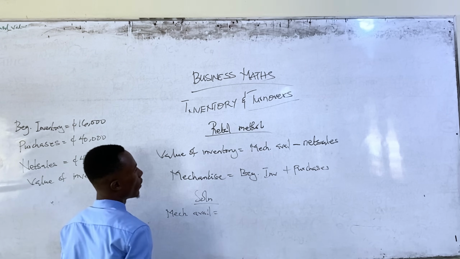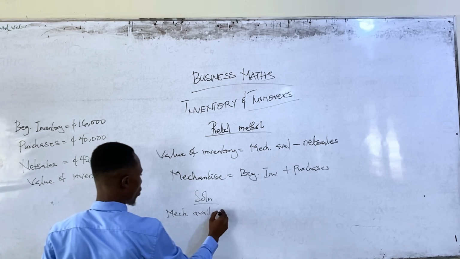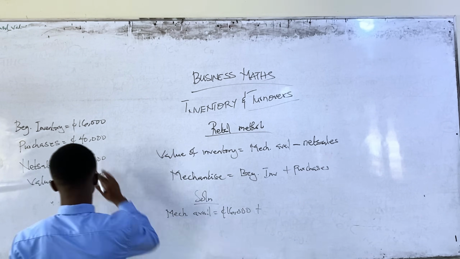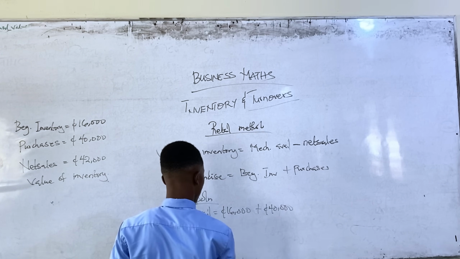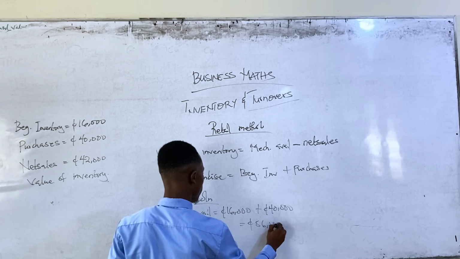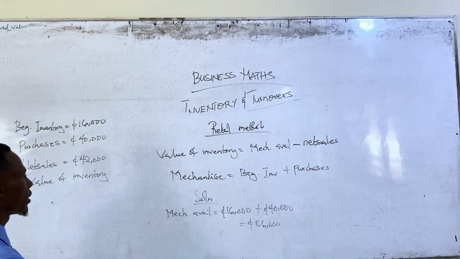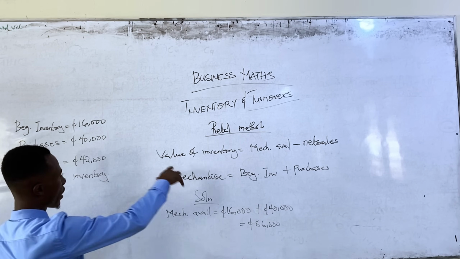is equal to beginning inventory, which is 16,000 at retail, plus purchases, which is 40,000 at retail. So here you are going to get 56,000. I hope that is clear. Okay. Yes. So since you are done with merchandise available, now what is left? Just subtract net sales from it and you are done.